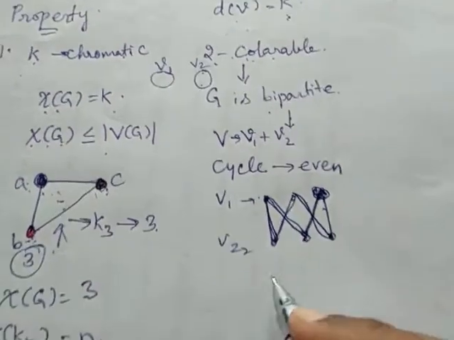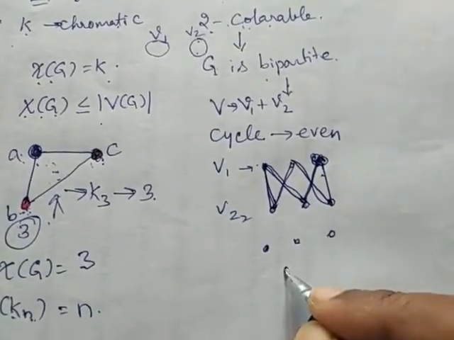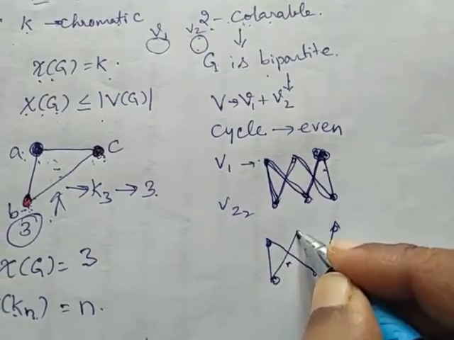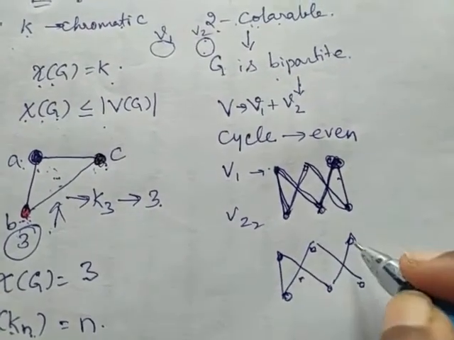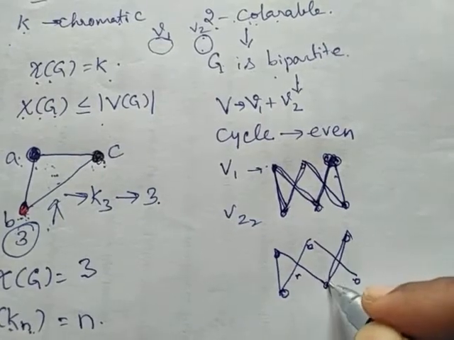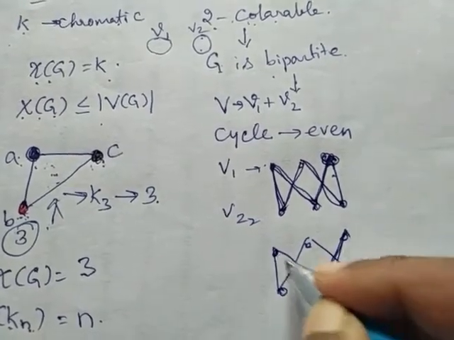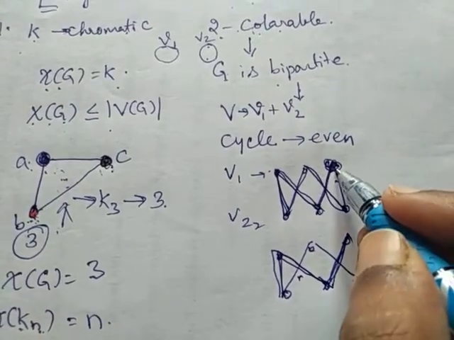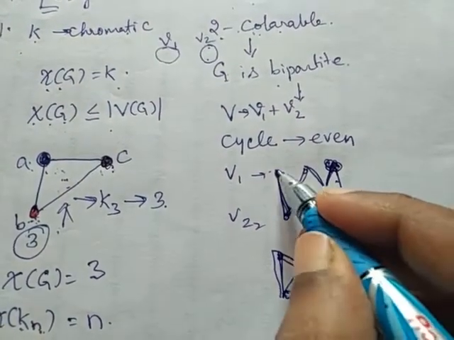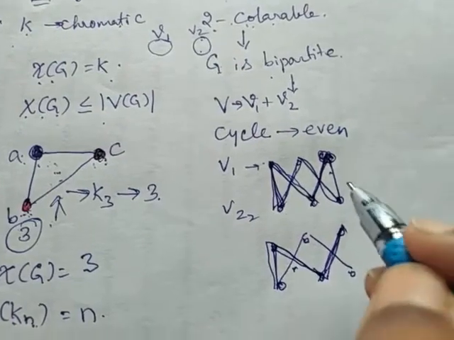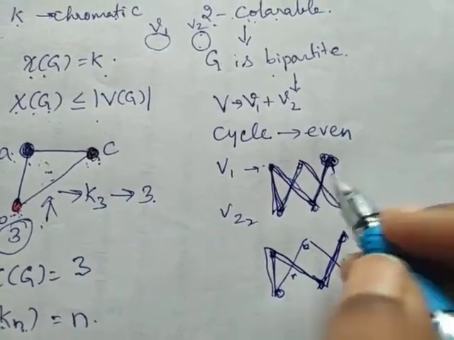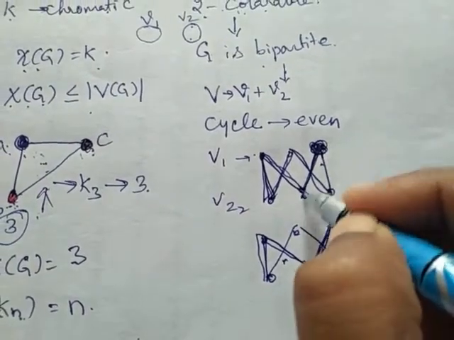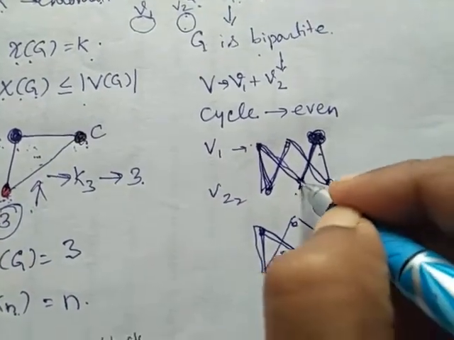If this is the graph and I consider a cycle, I have to travel like this, like this, like this. I have to go back again. So it will have even length because it has to come from one group to the other group, and again from the second group to the first group.